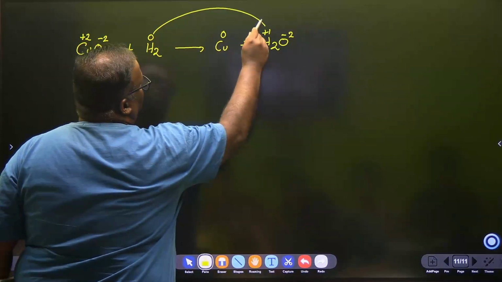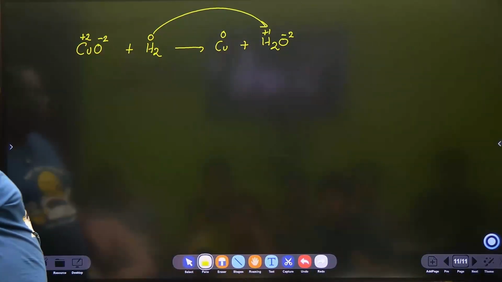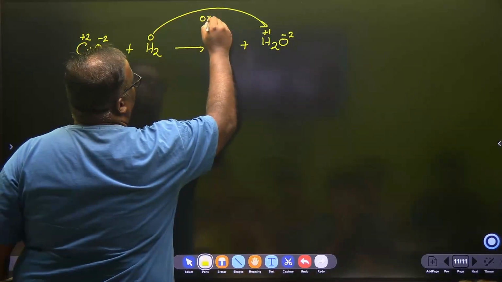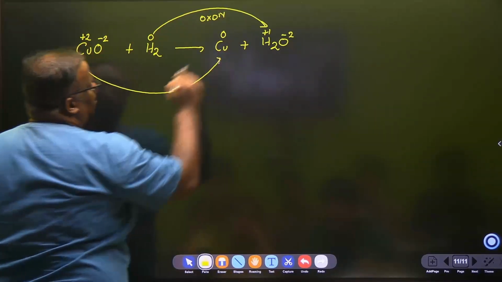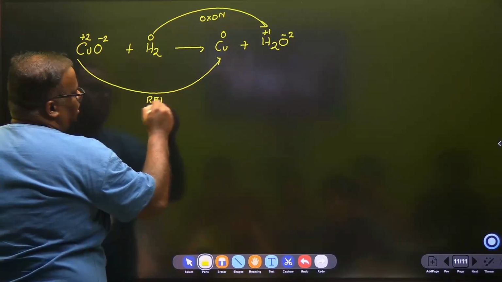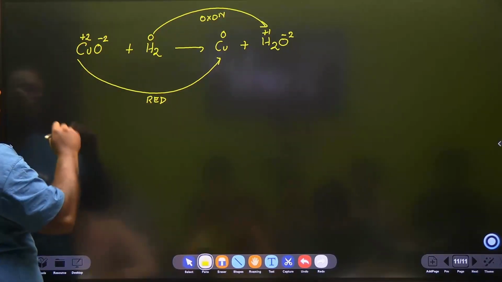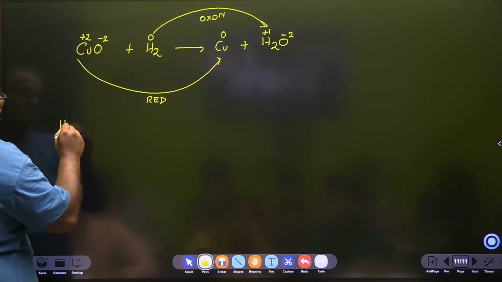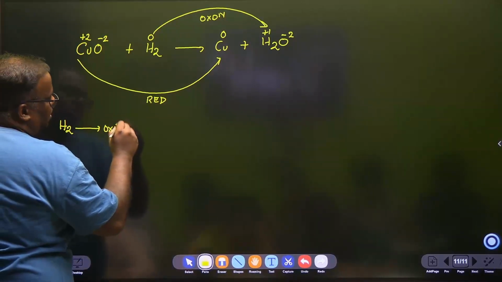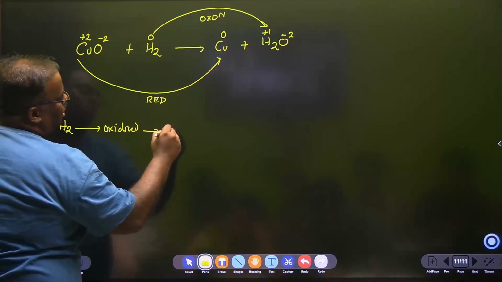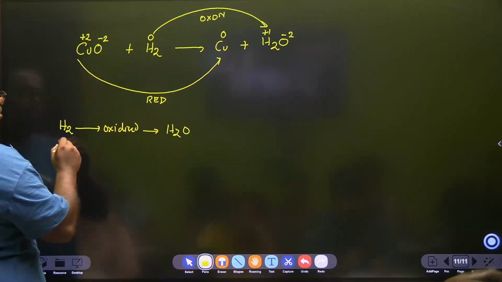From 0 it became +1. So this is an oxidation case. +2 became 0. Reduction. Now I will write. H2 got oxidized to form H2O.